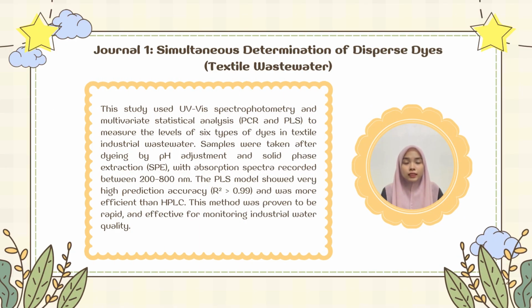Journal 1. Simultaneous determination of dispersed dyes in textile wastewater. This study used UV-Vis spectrophotometry and multivariate statistical analysis (PCR and PLS) to measure the levels of 6 types of dyes in textile industrial wastewater. Samples were taken after dyeing, followed by pH adjustment and solid phase extraction (SPE), with absorption spectra recorded between 200 to 800 nanometers.